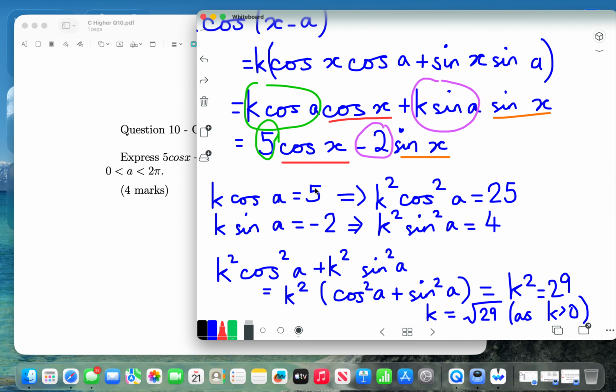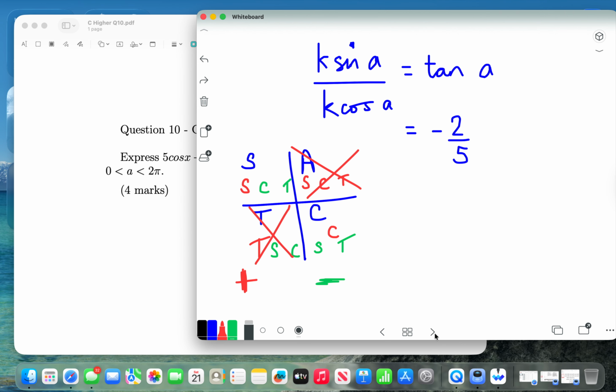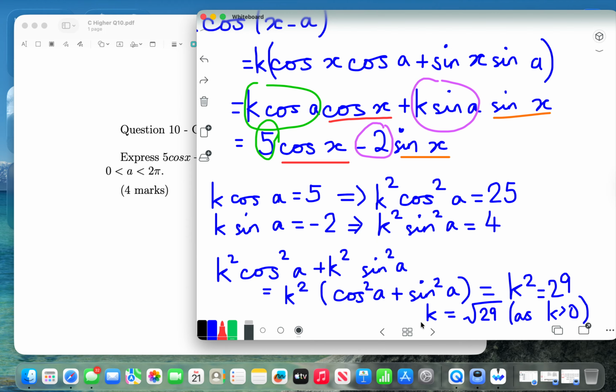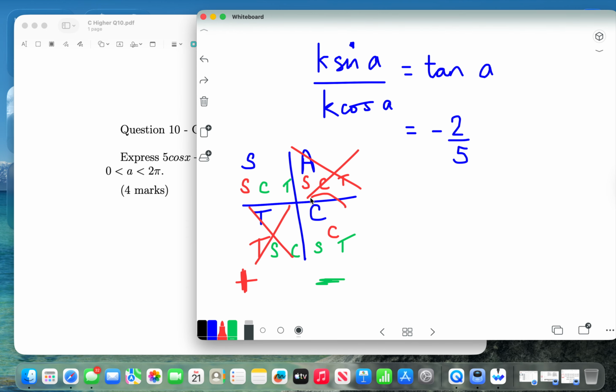Because k itself is positive, the sine of a must be negative and the cosine must be positive. So it must be this one and it can't be this one. So it's this one we have to work with.